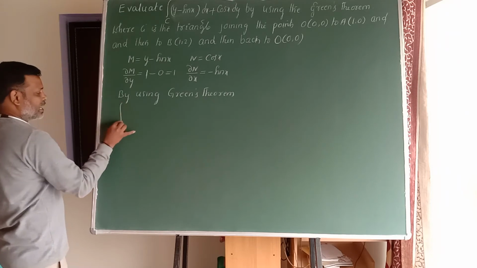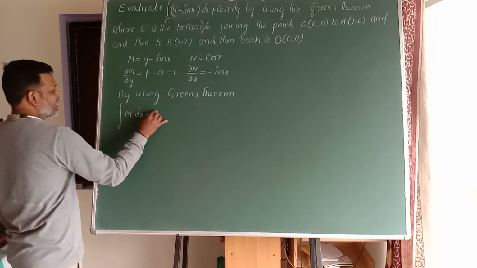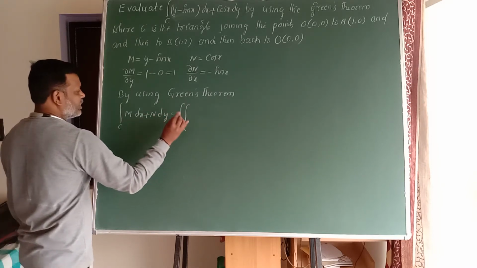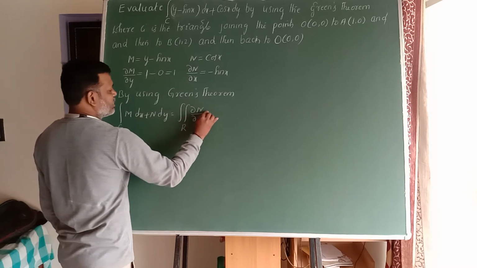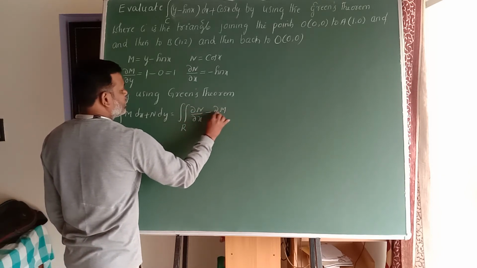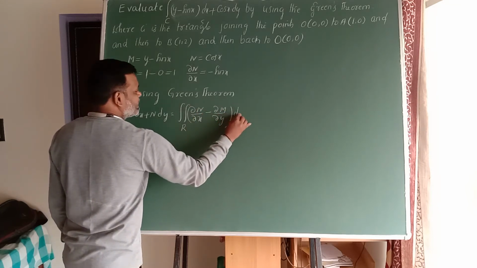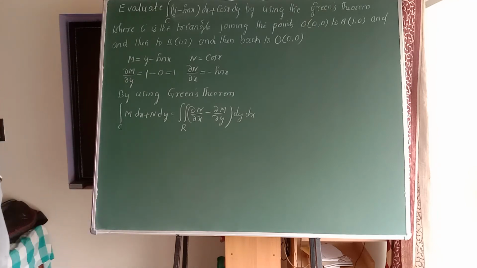The line integral over C of m dx plus n dy is equal to the double integral over the region of dou n divided by dou x minus dou m divided by dou y into dy into dx. Instead of dx dy, I can take dy into dx. Now let us find the boundary conditions, that means from where to where the variables vary.